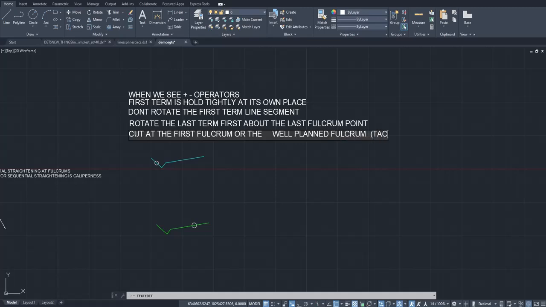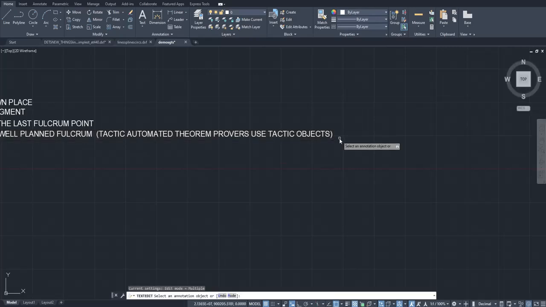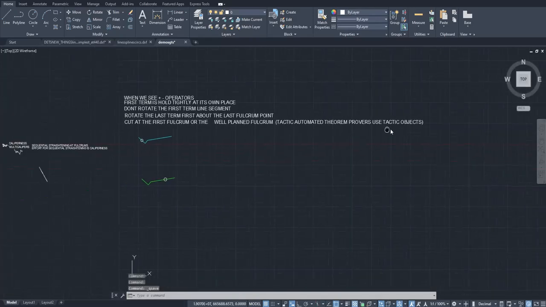That is a tactic, an automated theorem prover tactic. Automated theorem provers use tactic objects, like Haskell's, like Coq, like ML. Wherever you use it, the tactic object is used.